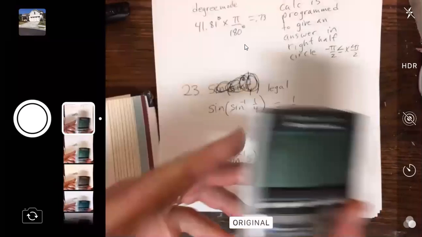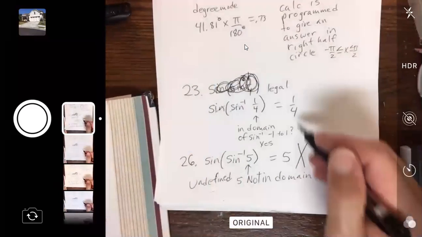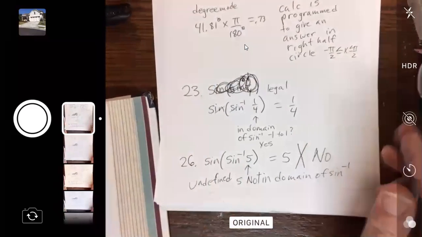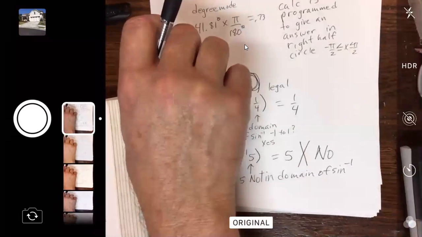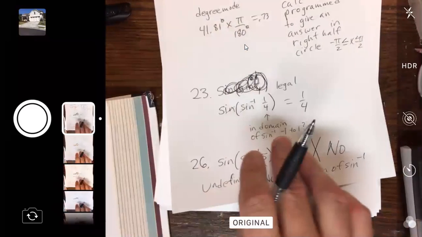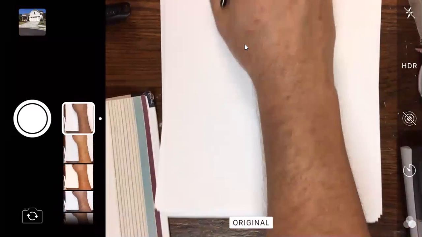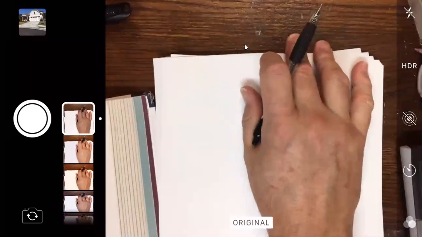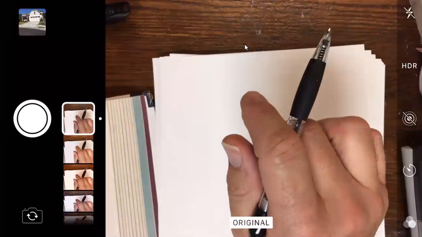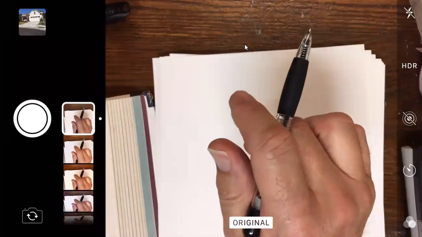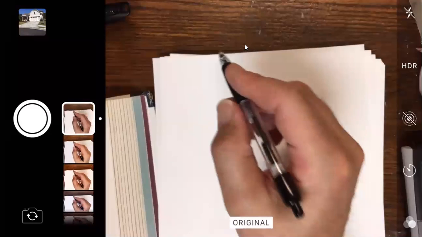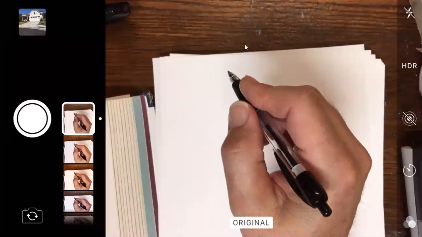It's not 5. So you really have to watch for this. Okay, so what happens if you switch it up? The same thing's going to happen on arcsine of sine of 3 pi over 4.